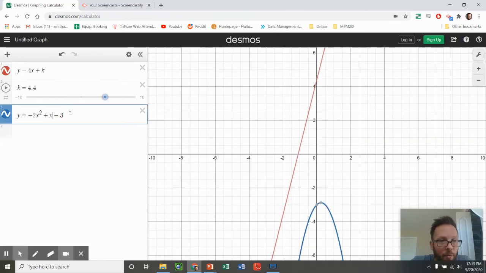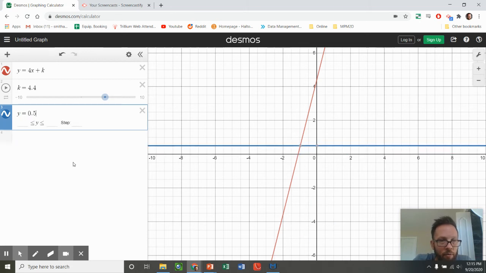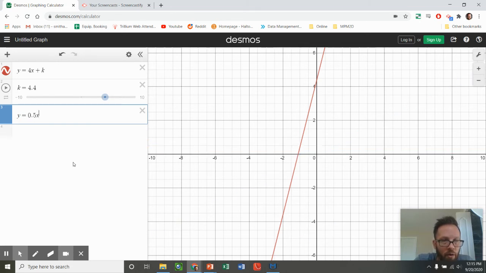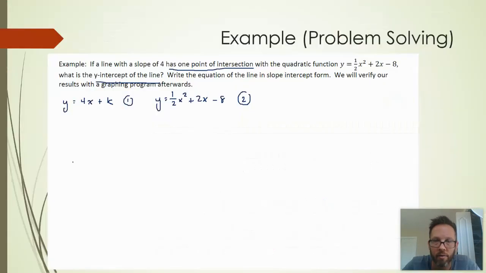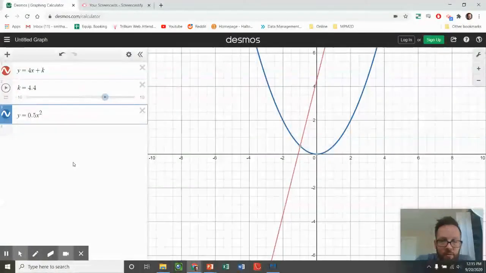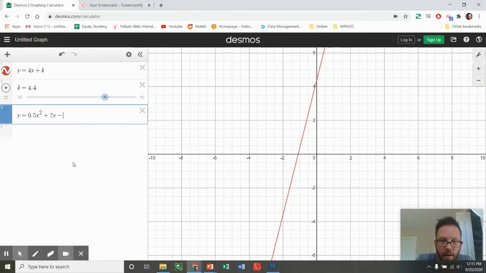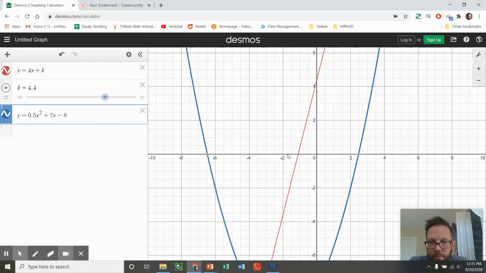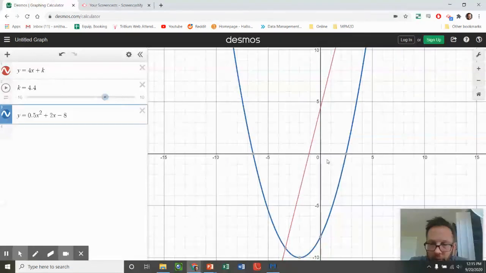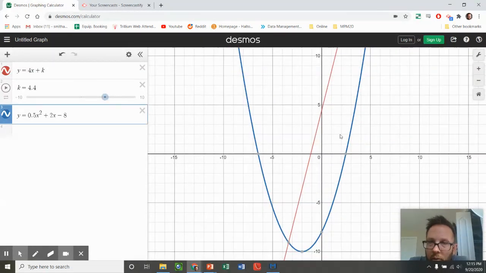So let me graph the parabola too. So we're working with 1/2 x squared, so 0.5 will be fine, x squared, plus 2x minus 8. Zoom out a little bit. So I can see right now they're going to meet twice.